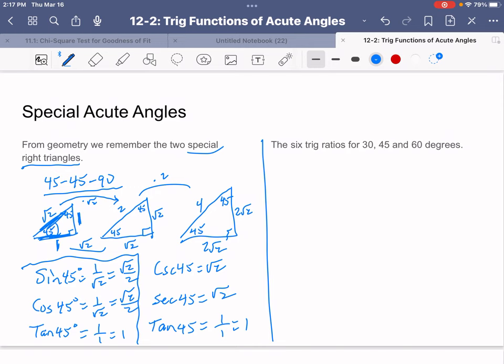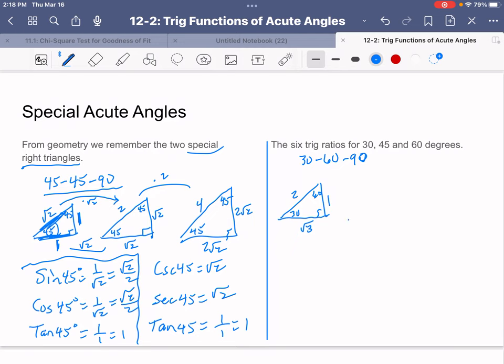Now, the next special right triangle was the 30, 60, 90 right triangle. Mr. Schaefer probably drew a 30, 60, 90 right triangle, and he always put a 1 opposite the 30, a 2 on the hypotenuse, and a square root of 3 on that leg right there.